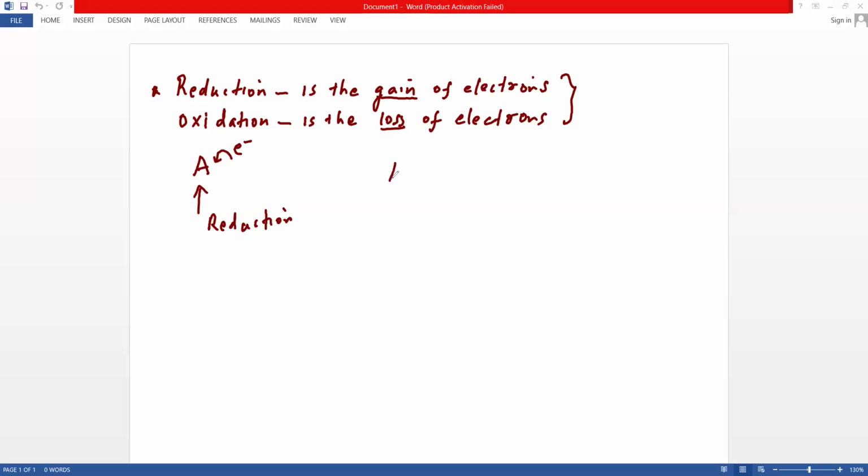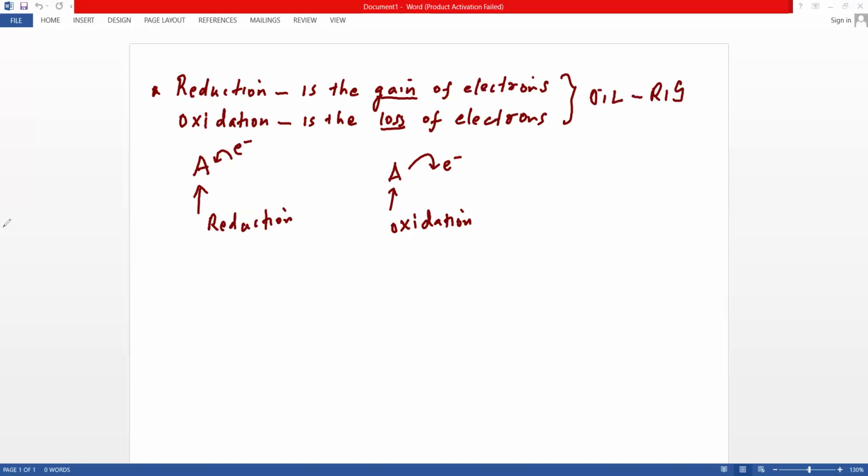But if a substance loses its electrons, then we say it undergoes oxidation.